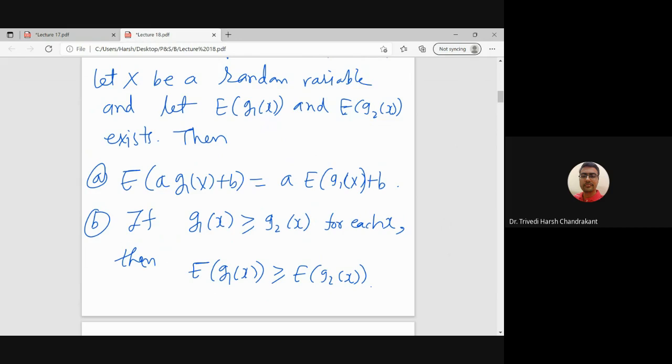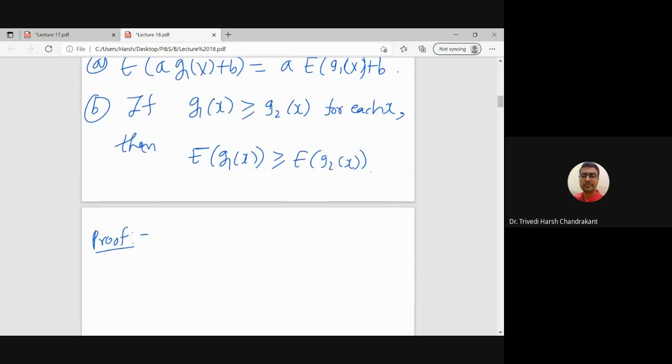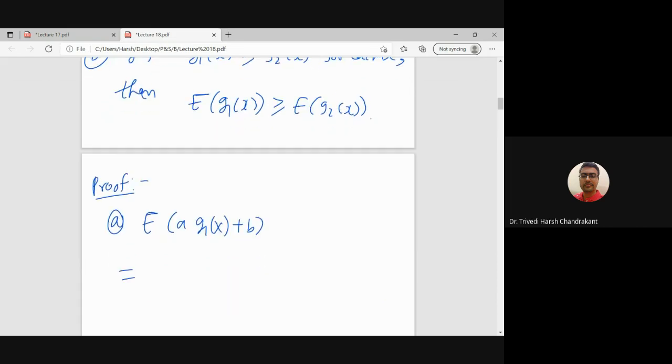So the first part: what is the expectation of a g1(X) plus b? Here we are considering a g1(X) plus b as some function of X, like g(X). Let us call it h(X). Then we have a function of the random variable X, and we know its expectation.